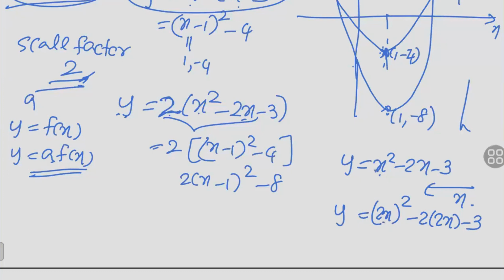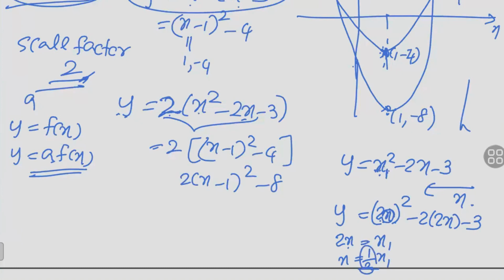What is the relationship? This first x equals 2 times x. Now we want to know this. So 2x equals, this x is a, now I put it here, x1. So this x equals half a times x1. When they ask for the scale factor, it is half a times x1.